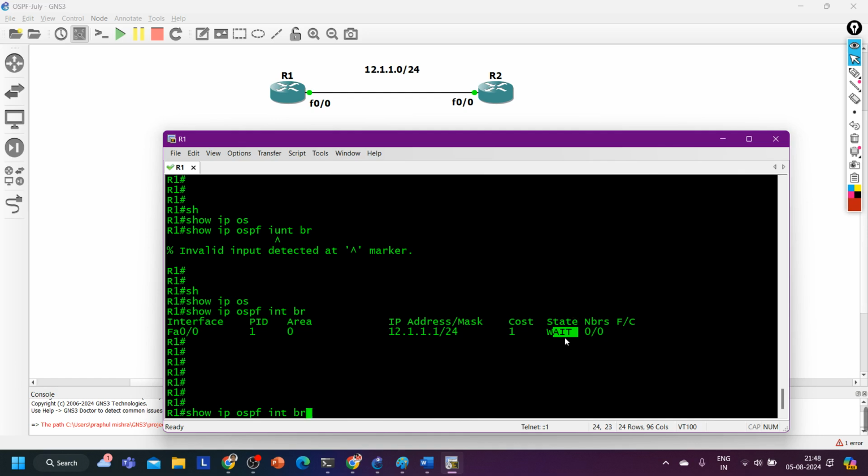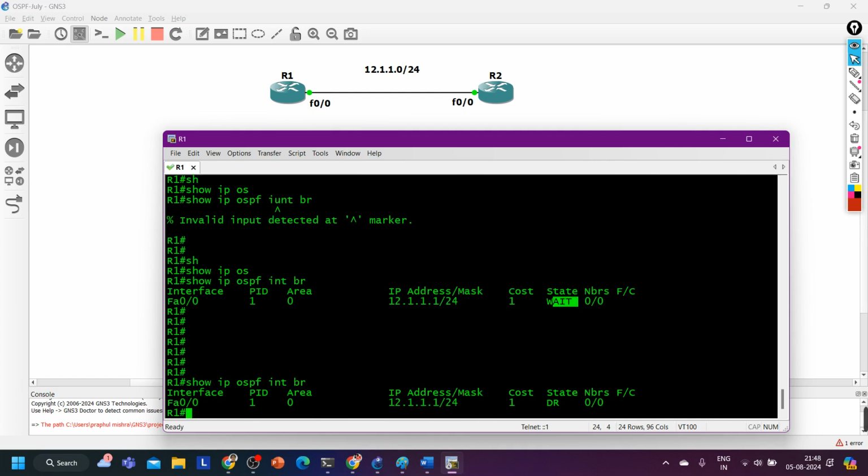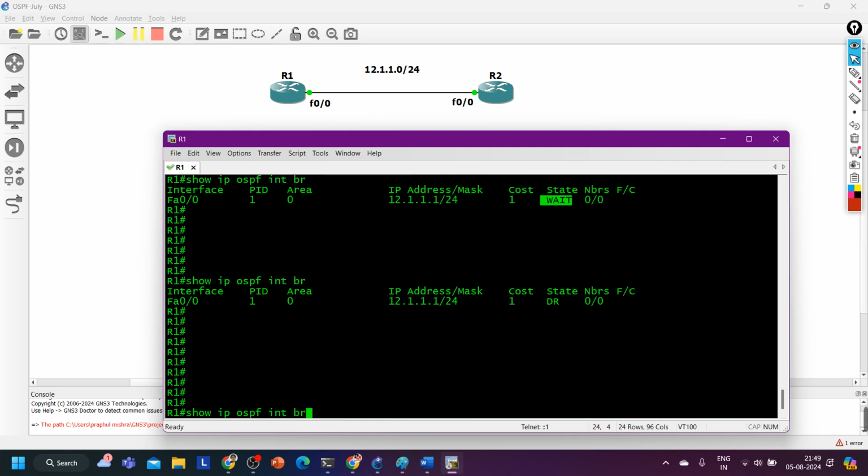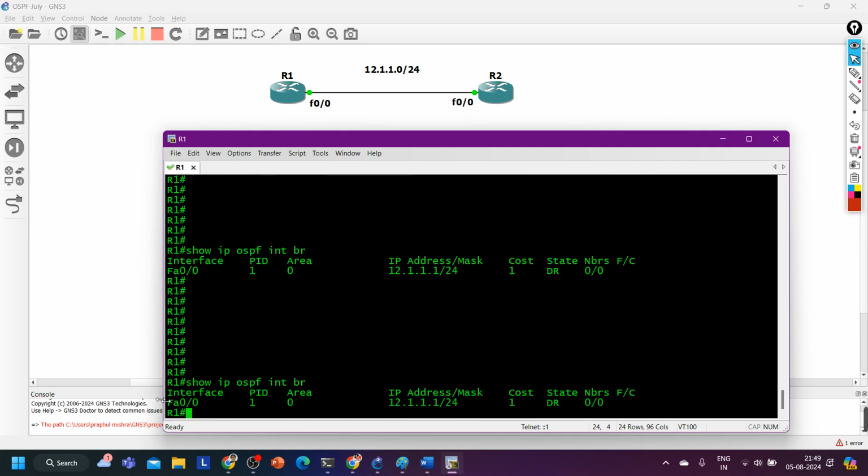This is the state of DR and BDR. Don't worry, we will see it later. Right now you can see this router is the DR, right? There is one timer for DR. It will wait for the DR and BDR election for the defined timer, but if it does not receive any hello message with higher priority within that timer, then it will declare itself as DR, right? So now you can read this output.